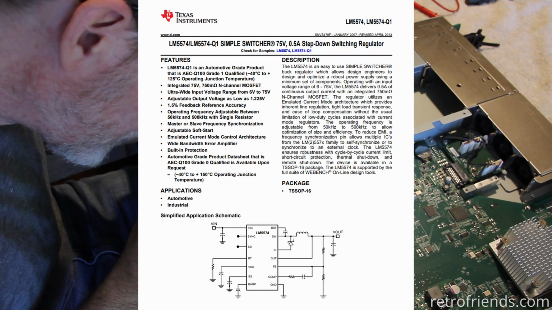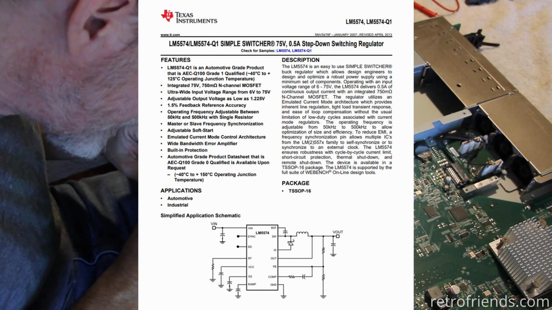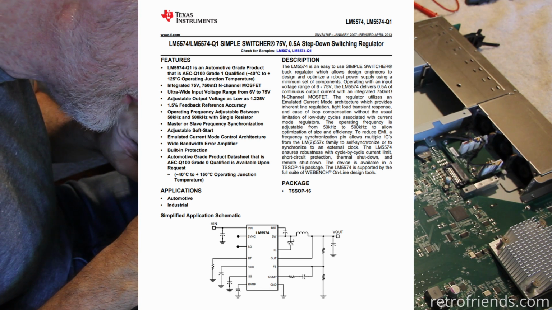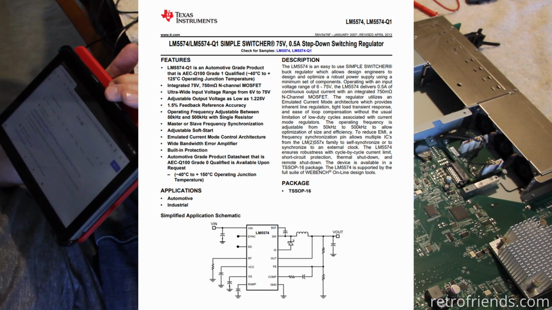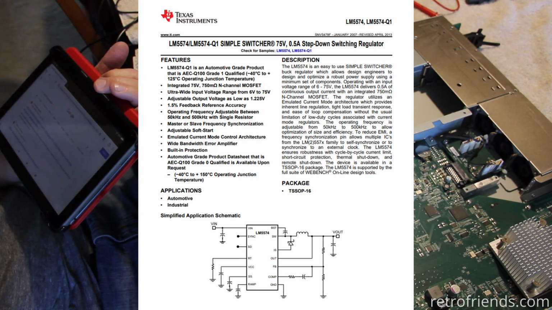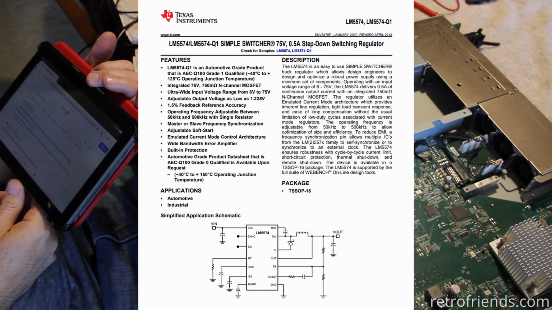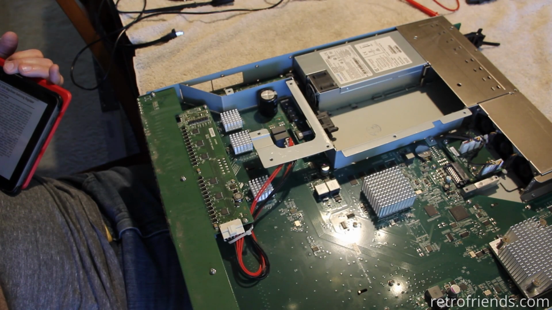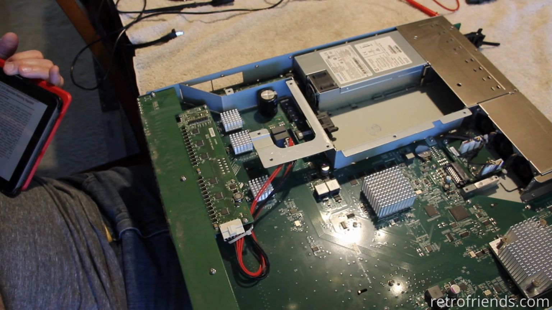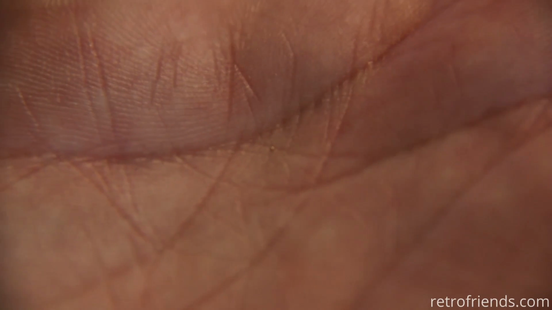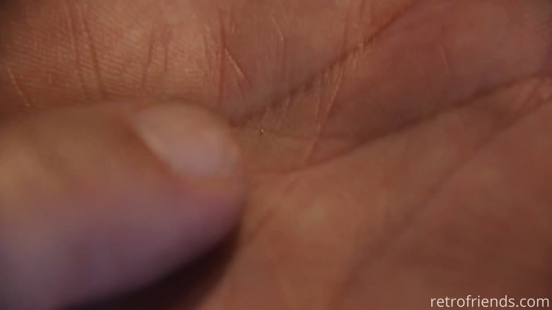So that's going to be some sort of voltage regulator, I would imagine. Yeah, it's a regulator. It's a step-down switching regulator. Ultra-wide voltage input from 6 volts to 75. Integrated 75 volt MOSFET. There may be a culprit right on the center of your screen.